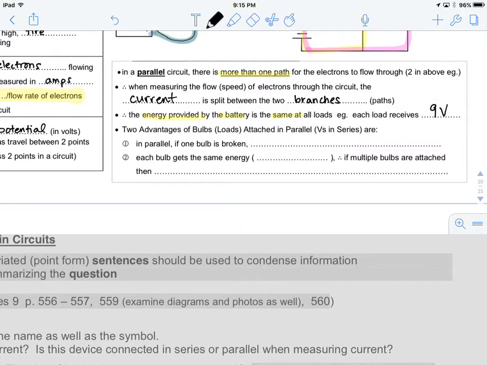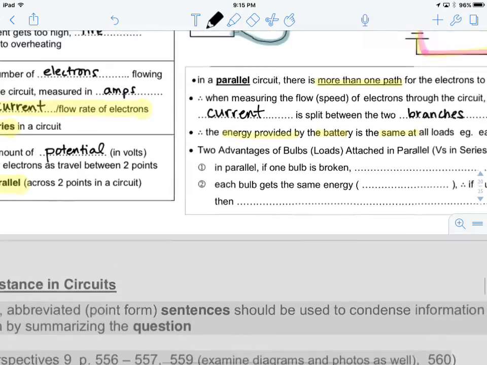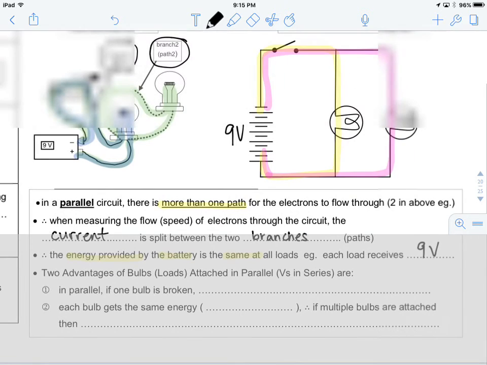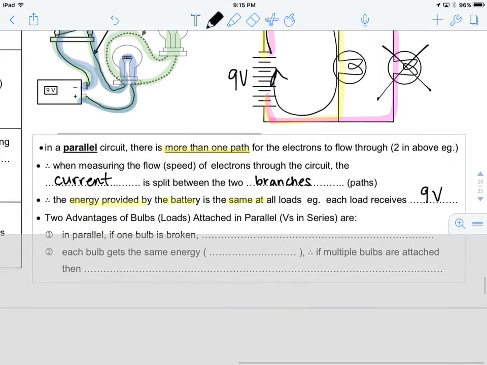All right, so two advantages of bulbs that are attached in parallel versus being attached in series. First of all, in parallel, and you can see this, if one of these bulbs burns out and creates an open circuit, then electricity can still go through the other light bulb.